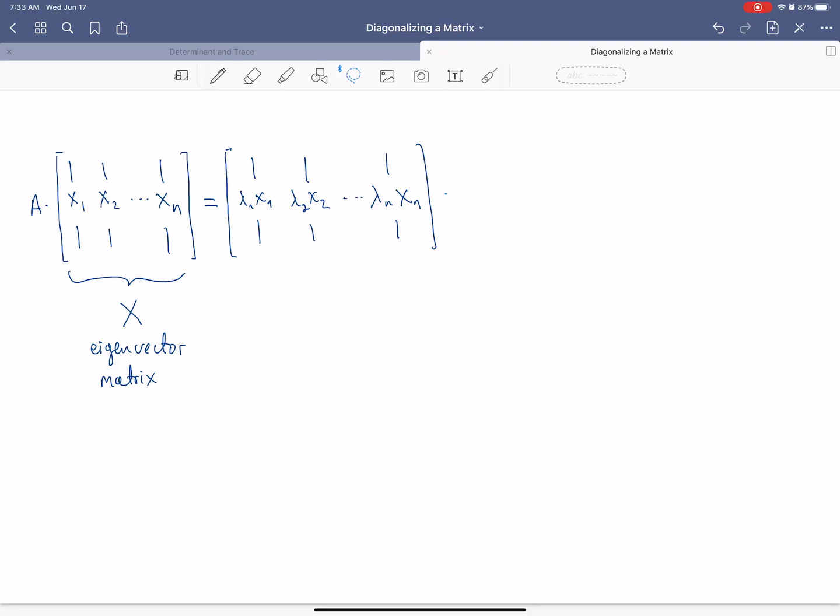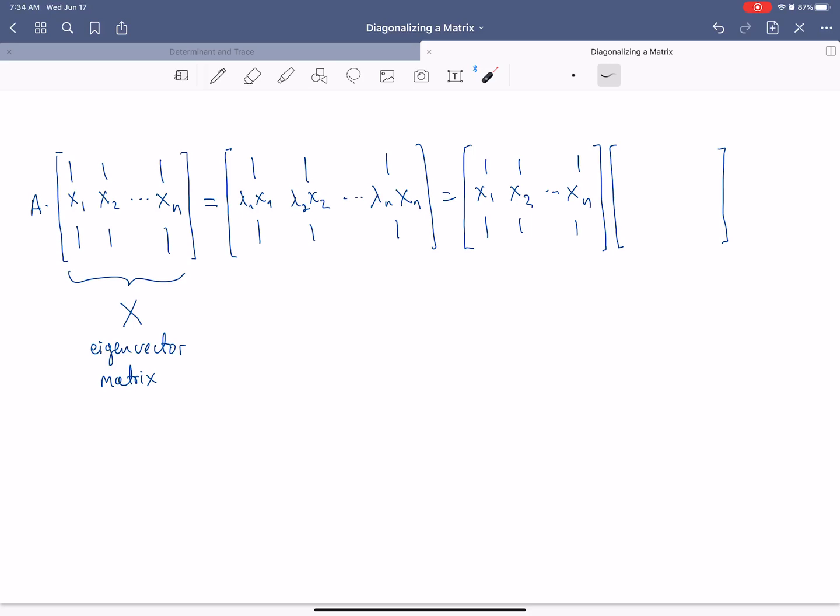Here we have the matrix X, and we want to record how to get from X to lambda 1 x1, lambda 2 x2, lambda n xn. Well, all you have is multiples. You don't have linear combinations of the columns, you just have multiples. So you have a very simple linear combination.